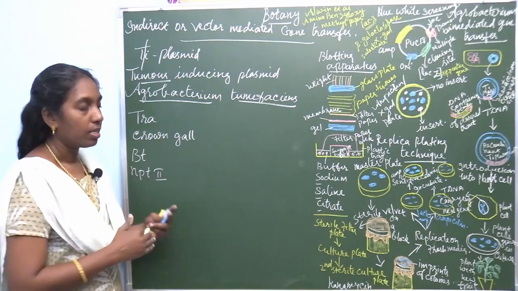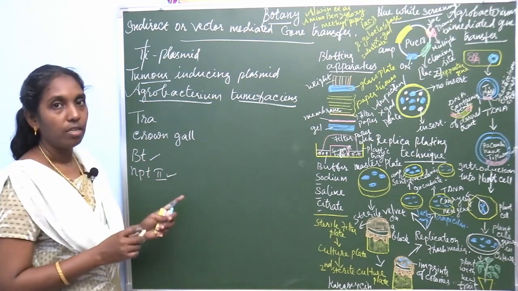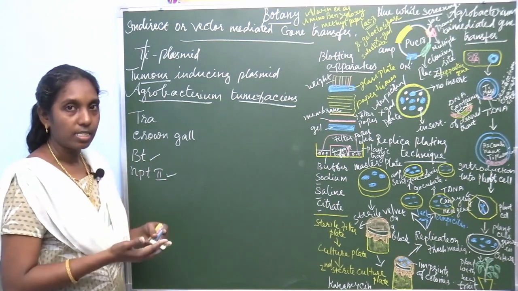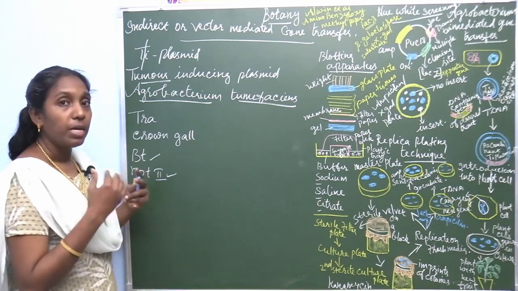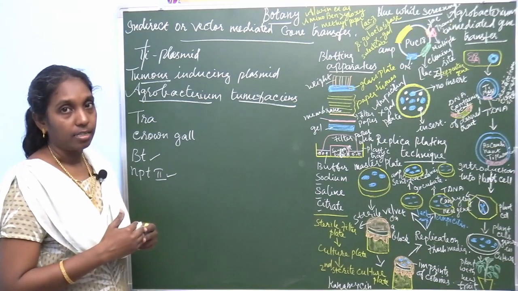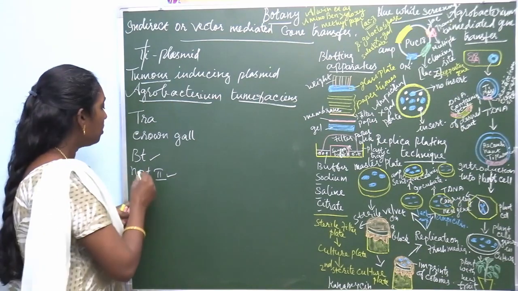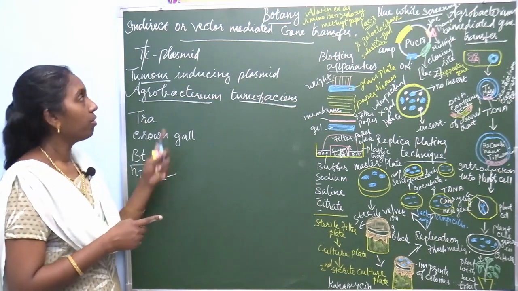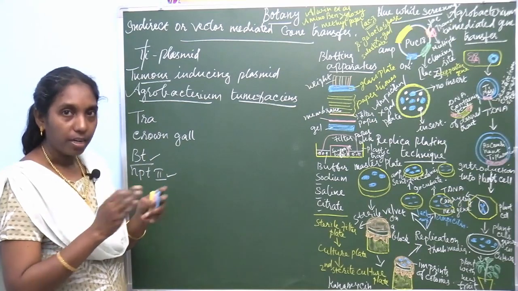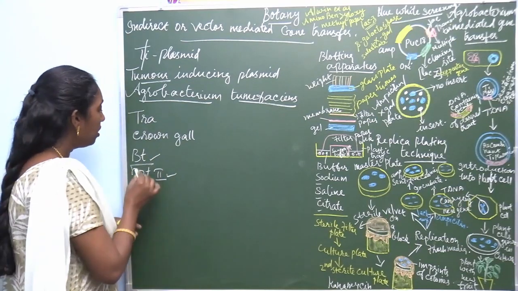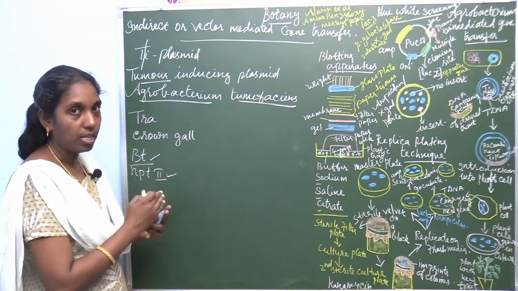The Bt gene is for insect resistance, to produce a resistant variety. Some insects affect the plants, and to resist them this gene is modified or cloned with the help of the Ti plasmid. The unwanted part of the Ti plasmid can be removed and the Bt insect resistance gene inserted.